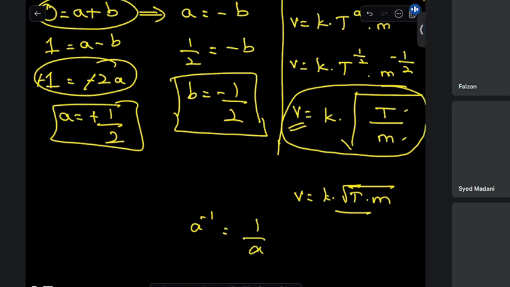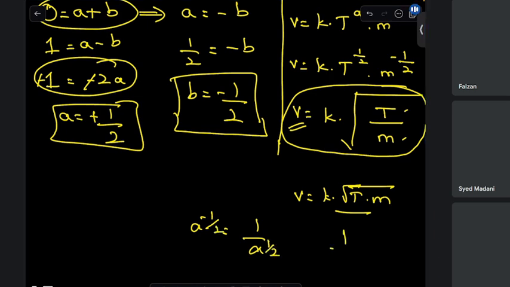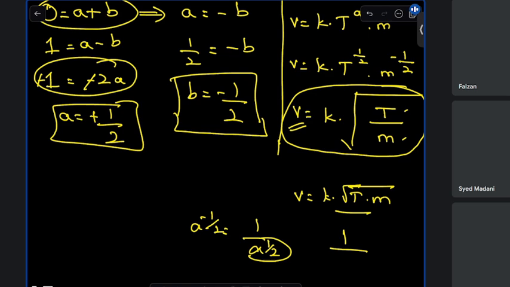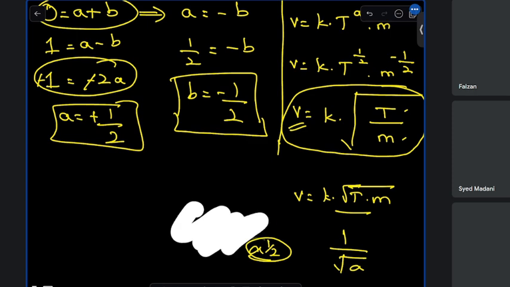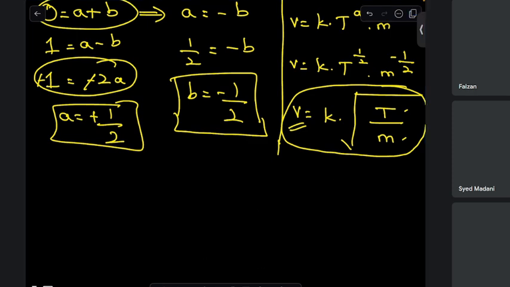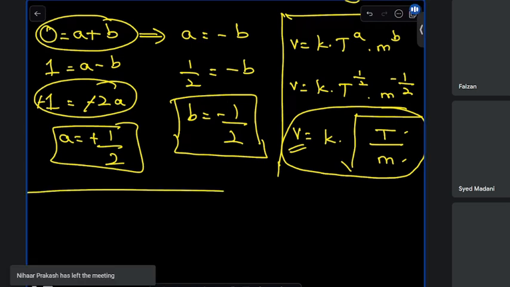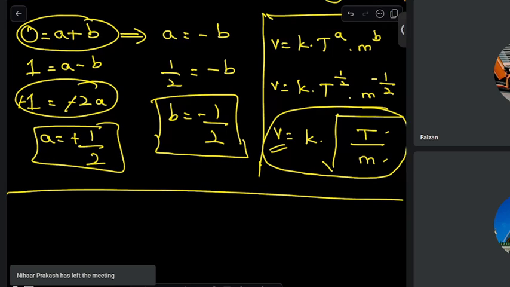Yes, 1 by A. So A to the power minus 1 by 2 means 1 by A to the power 1 by 2, correct? So A to the power 1 by 2 is there in the denominator, so I'll write it as root A. There is no A, there is M there, that's all. So since there's a power 1 by 2, you use the square root. If it's 1 by 2, it's supposed to be square root.